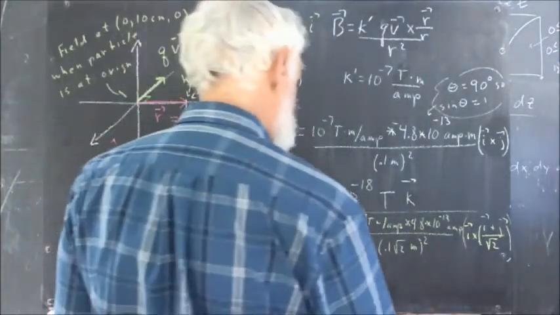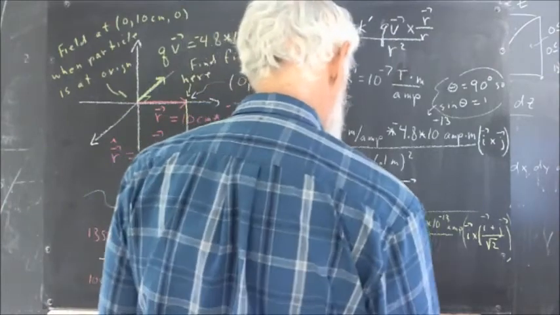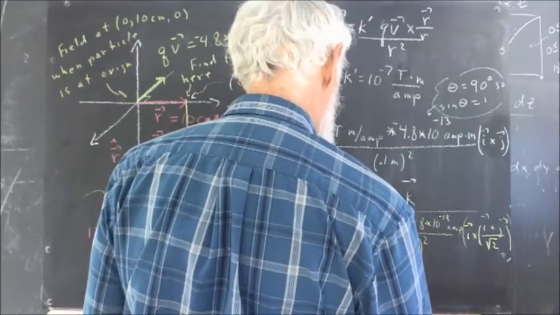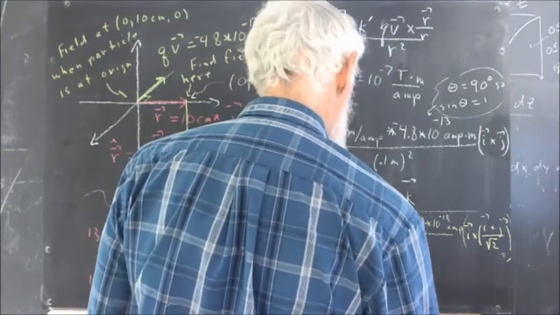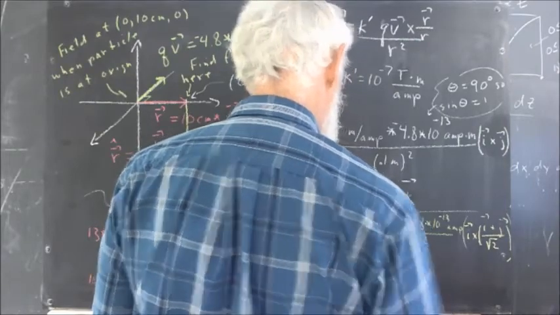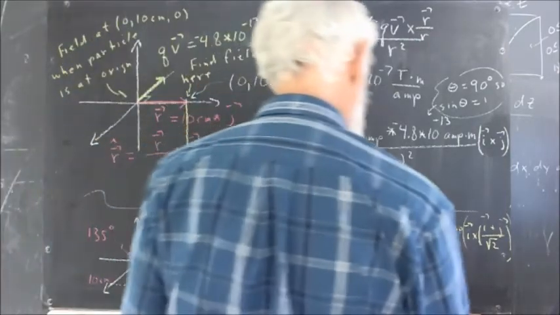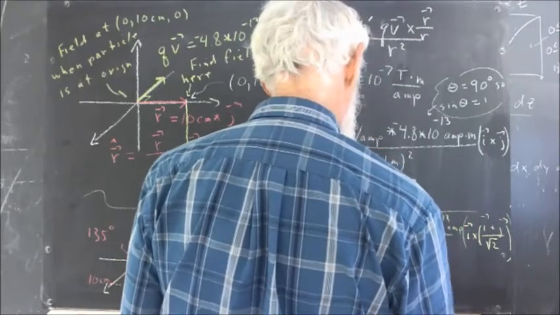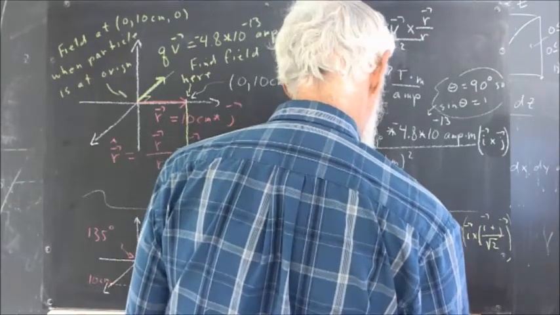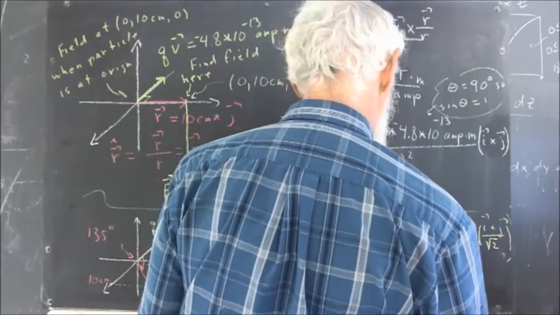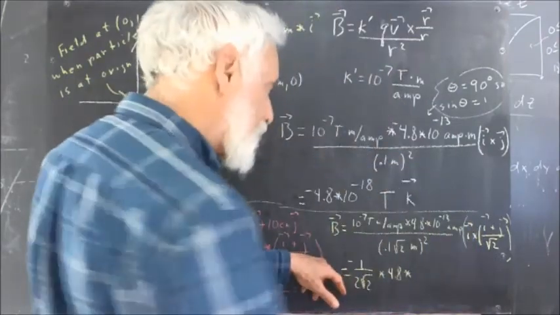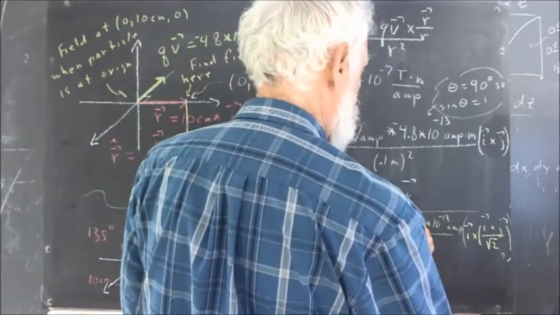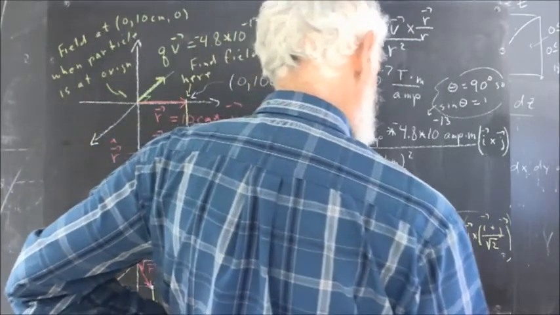Well, what that gives us is 1 over 2 square root of 2 times what we got before. And it'll be negative 4.8 times 10 to the negative 13th amp meters. We got a negative here because we have a negative on the 4.8 times 10 to the negative 13th.